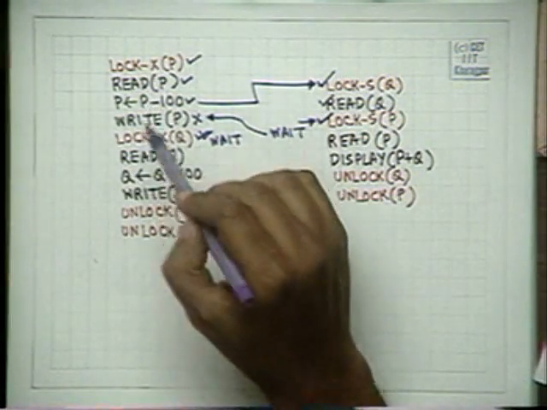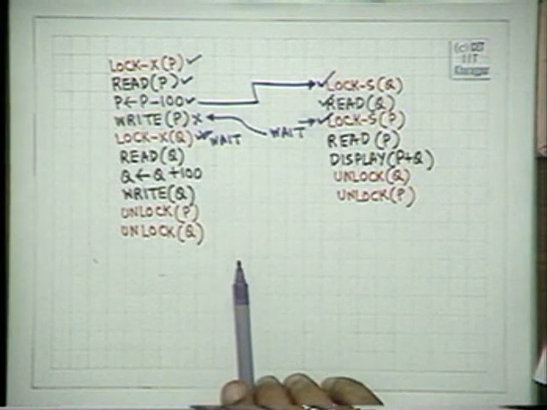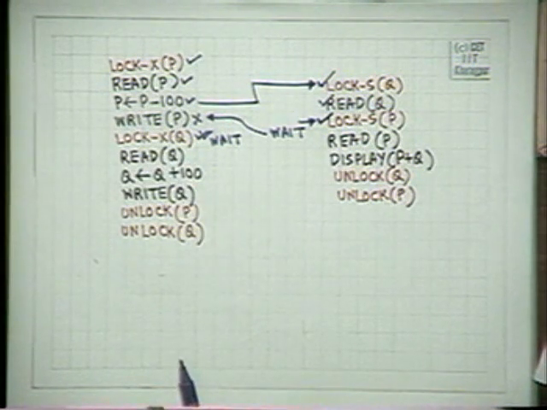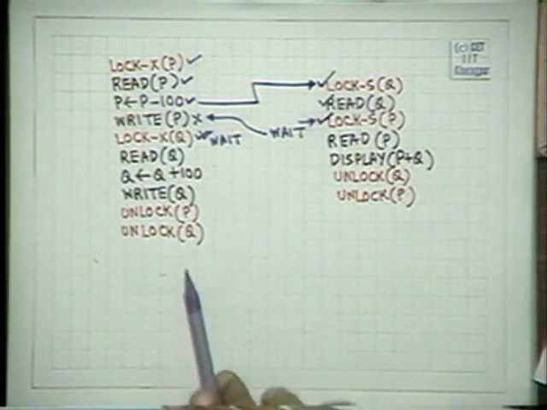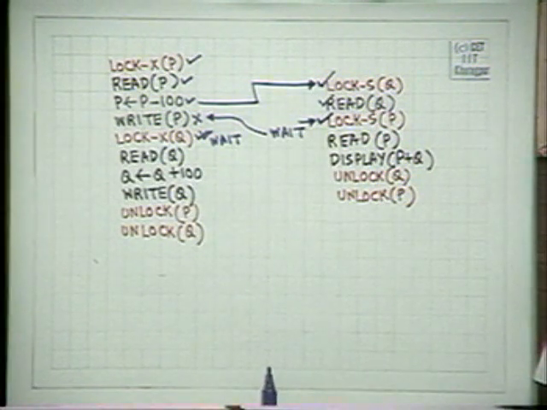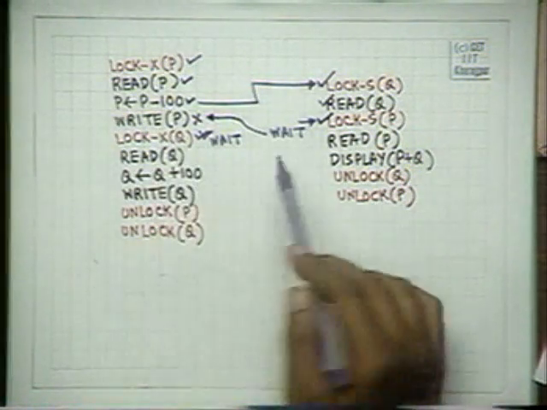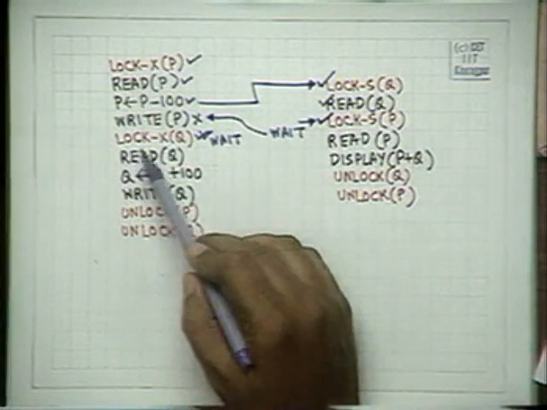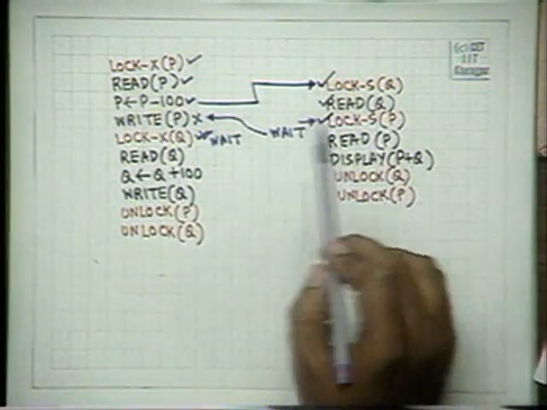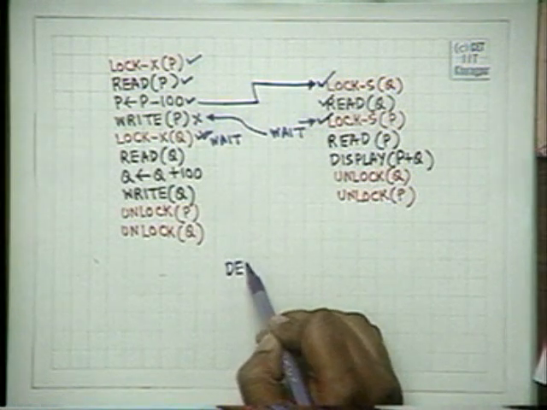So if there is any schedule which goes through, it will be conflict serializable. But there may be some situations in which the schedule is not going to go through. That is, the whole schedule will be blocked midway, and this will be waiting for this to start, and this will be waiting for this to release. This is a situation which we called a deadlocked situation.